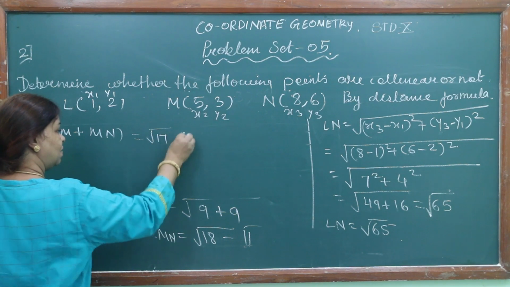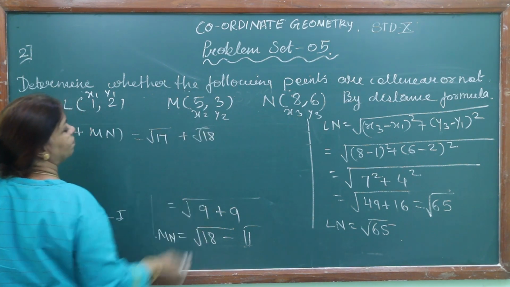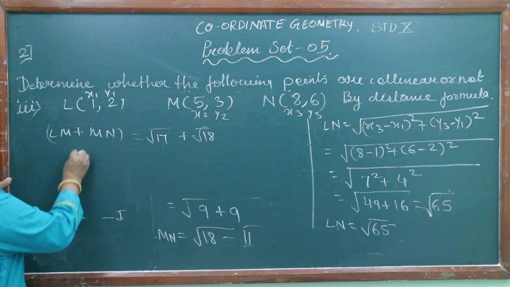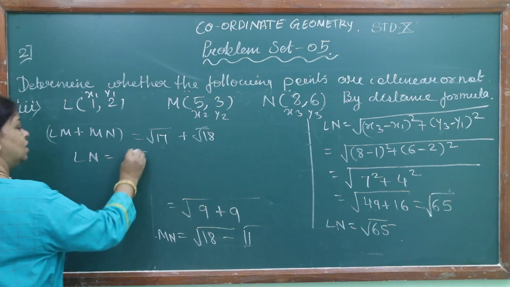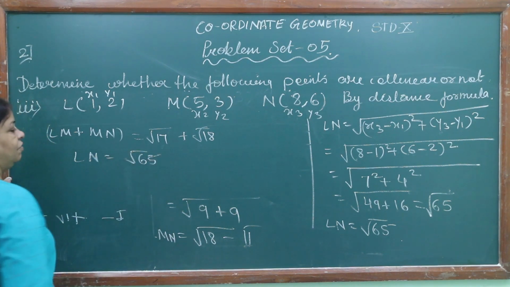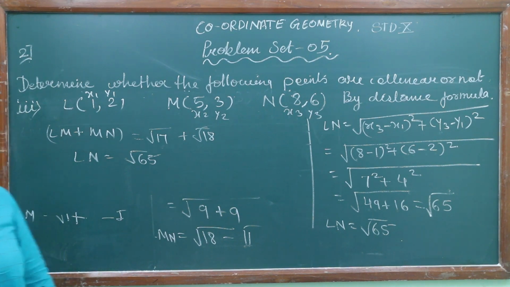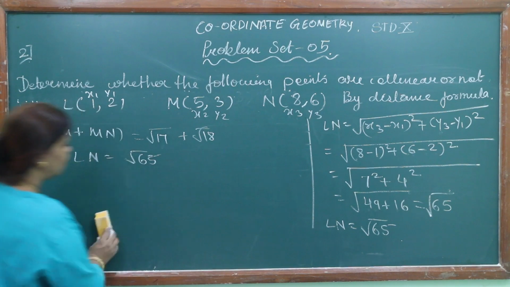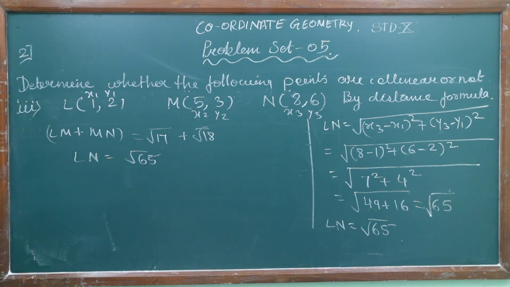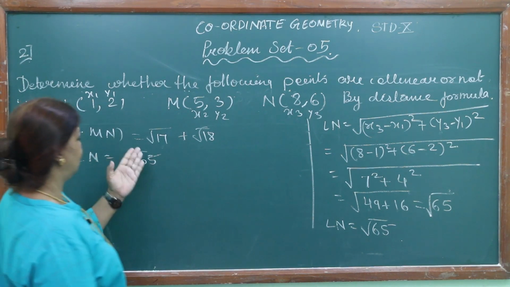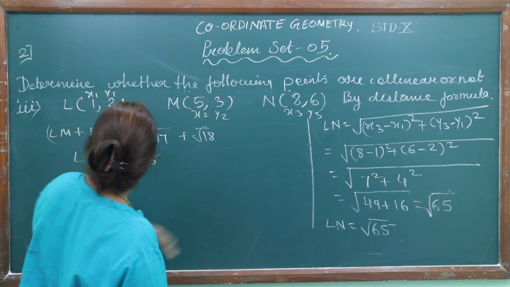Under root 17 plus under root 18, we can't add them, and LN is under root 65. We can add them by squaring both sides. Squaring both sides also I will show you how it is, but it is very clearly visible here itself. Okay, root 65 cannot be equal to these two.